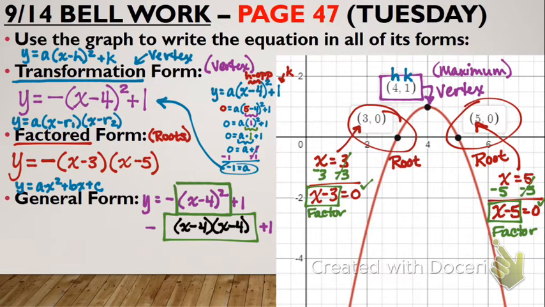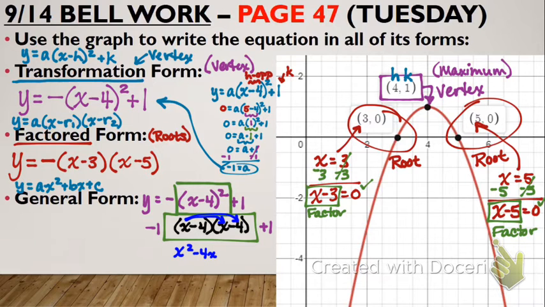I'm going to use double distribution with the x minus 4 and the x minus 4. So I take x and I multiply it to both pieces. X squared, because remember, when we multiply, that's when my exponent changes. When I add, that's when my coefficient changes. So I have x squared, and then x times -4?